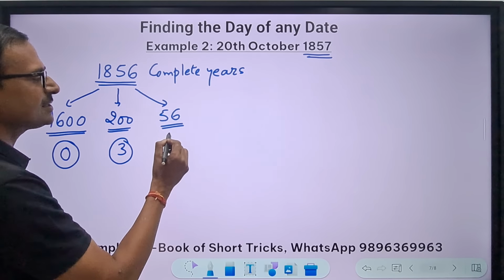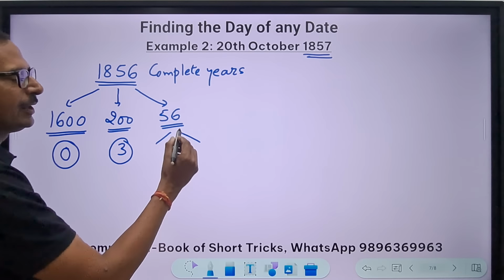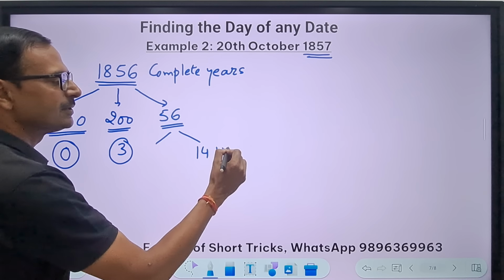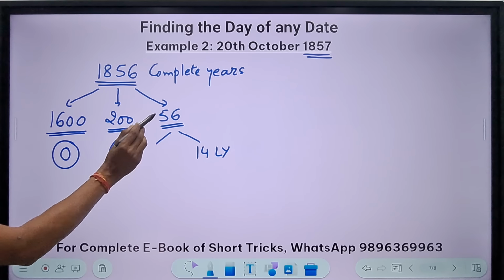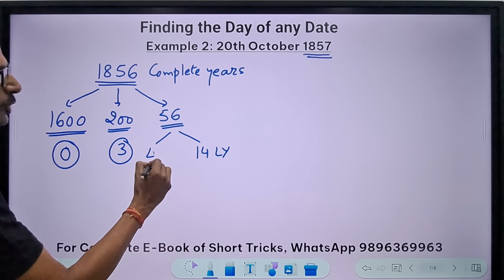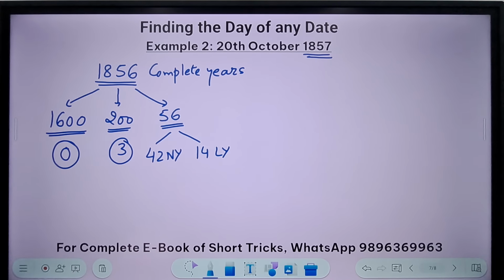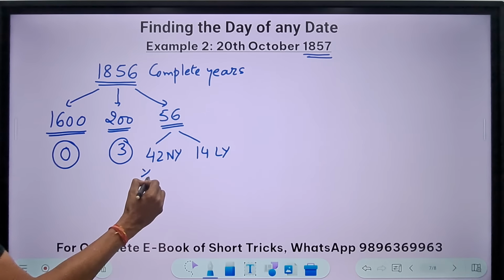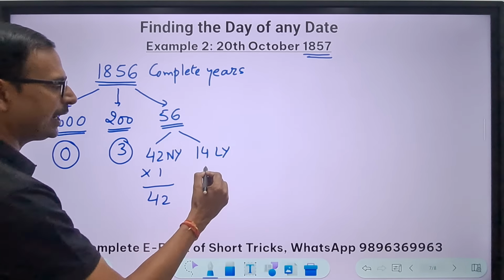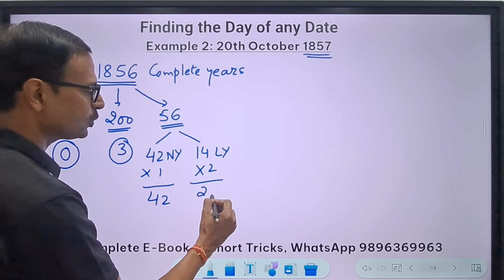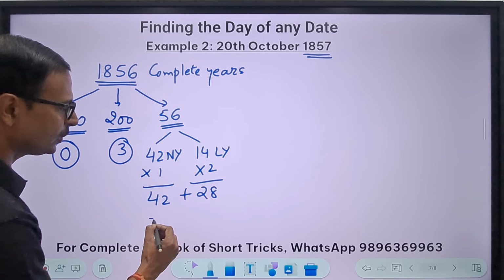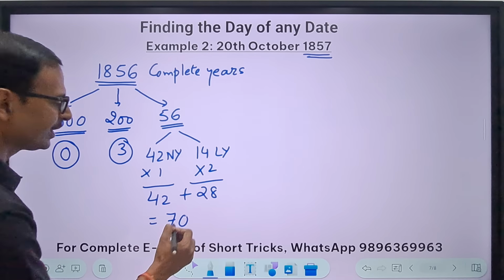So for 56 years, if you divide this by 4, you get 14 leap years, and the remaining 56 minus 14, 42 normal years. The normal years are to be multiplied by 1, and that gives you 42, and the leap years multiplied by 2 gives you 28. Add them up, you get 70.